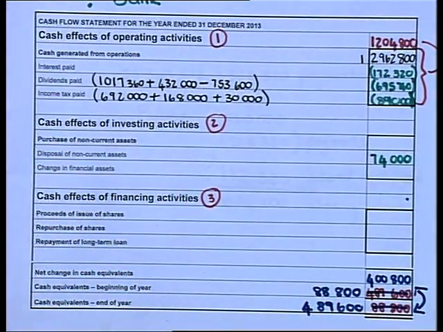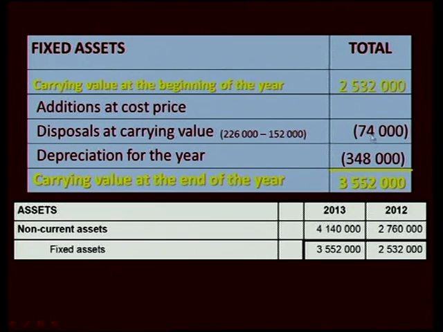So grade 12, I'm again sitting with a situation where I have the end of the year, I know the figures for two of the movements, and now I just need to determine the additions at cost price, because that would have been money that I spent on assets.